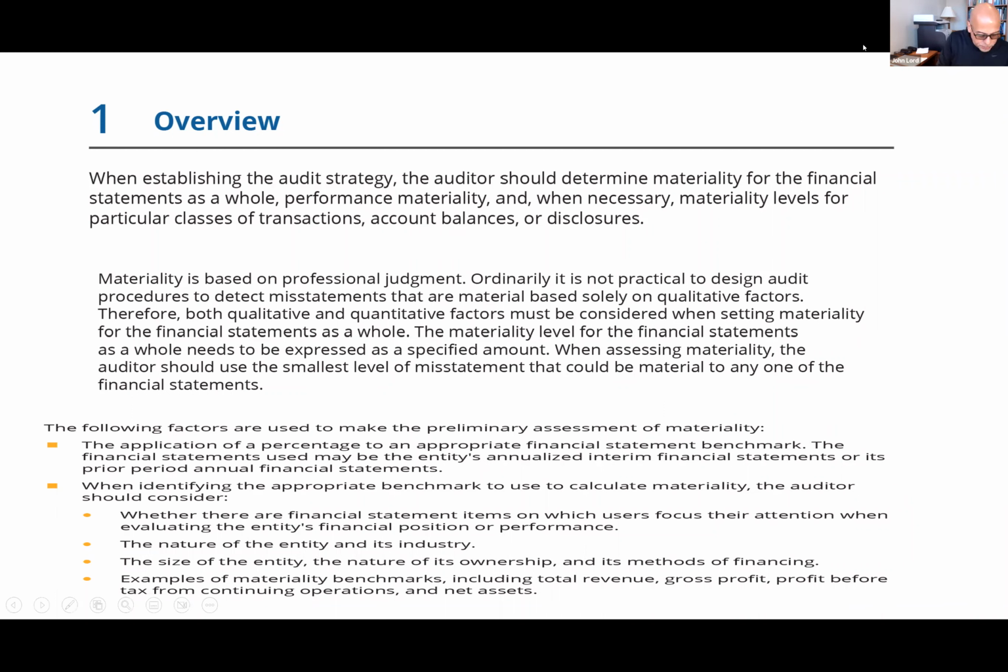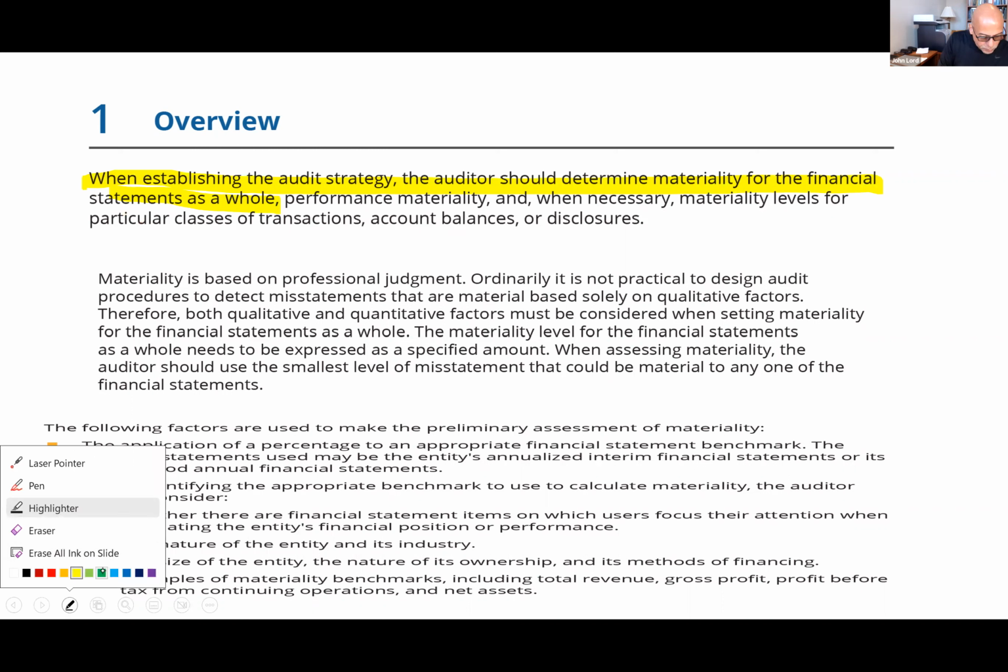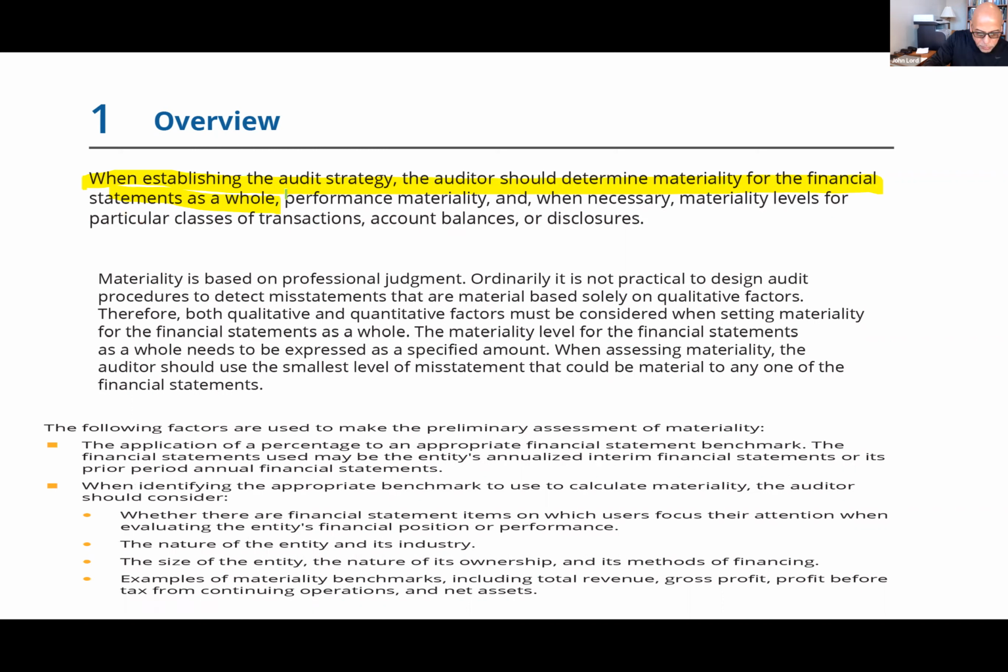So when we take a look at this slide here in the concept of materiality, we say that when establishing materiality, the auditor should determine materiality for the financial statements taken as a whole. So there's 3 levels of materiality. Financial statements taken as a whole, coming over and changing up the thought here a little bit, performance materiality, and when necessary, materialities for transactions, account balances, or disclosures for a particular class of those.